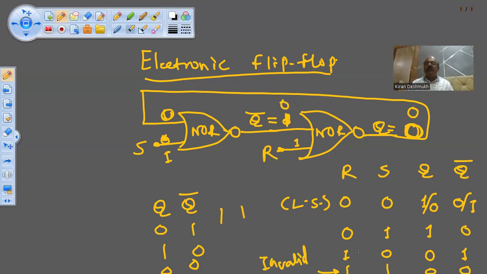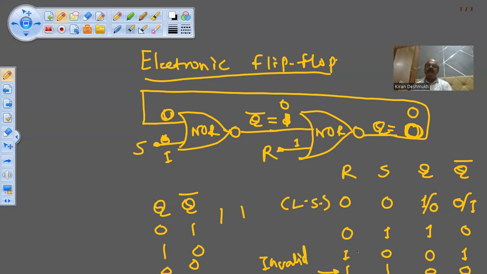When R and S are 1, Q and Q bar both are 0, this is invalid, because Q and Q bar should be opposite of each other. So this RS flip-flop using NOR gates has three proper states and one invalid state.